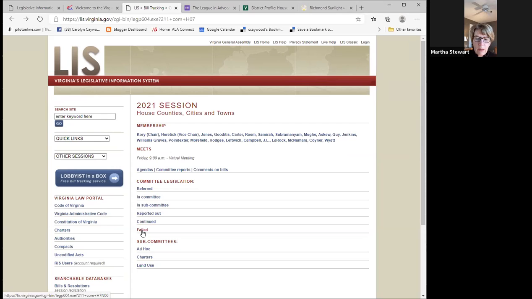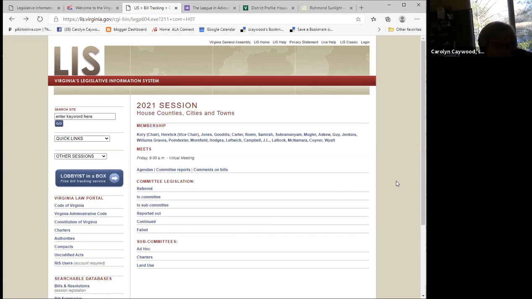I looked up a bill that said it had already, I can't think of the word right now, been defeated. How can a bill be defeated this early in the session? I think that's a result of the limit on the bills. I saw the same thing and wondered. Now, I'm making this up, but I think it may be a case of people saying, I withdraw my bill because I'm over the limit.